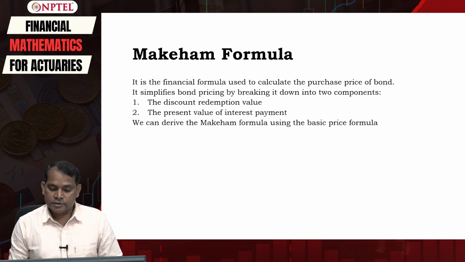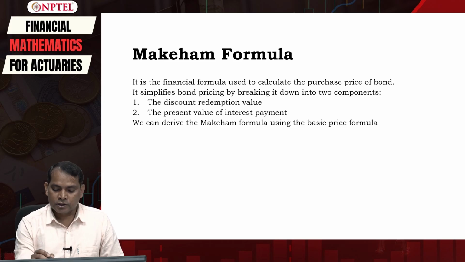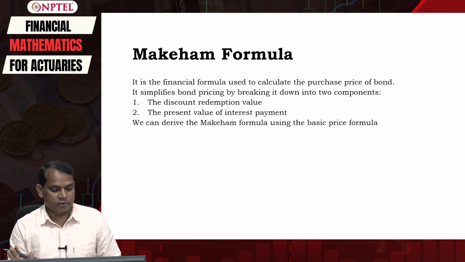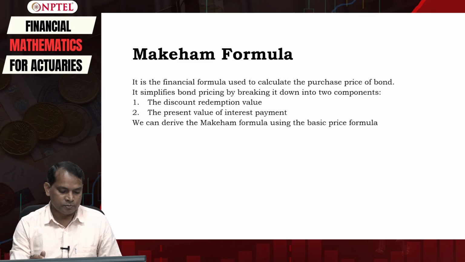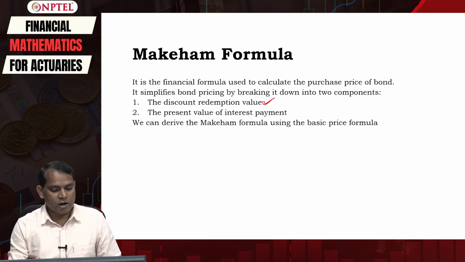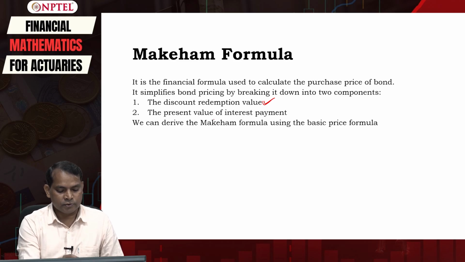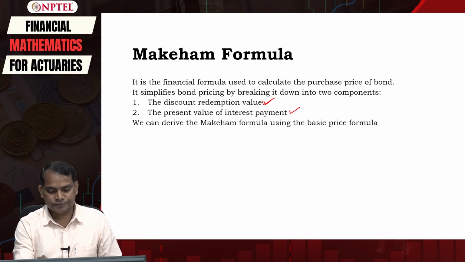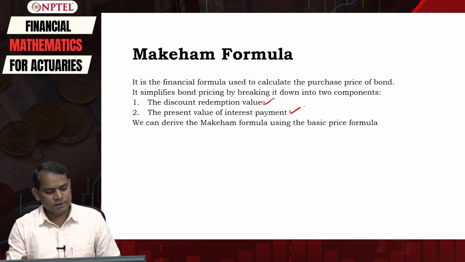It is the financial formula used to calculate the purchase price of a bond. Basically, it simplifies the bond pricing by breaking it down into two components. One is the discounted redemption value, and the other is the present value of interest payments.